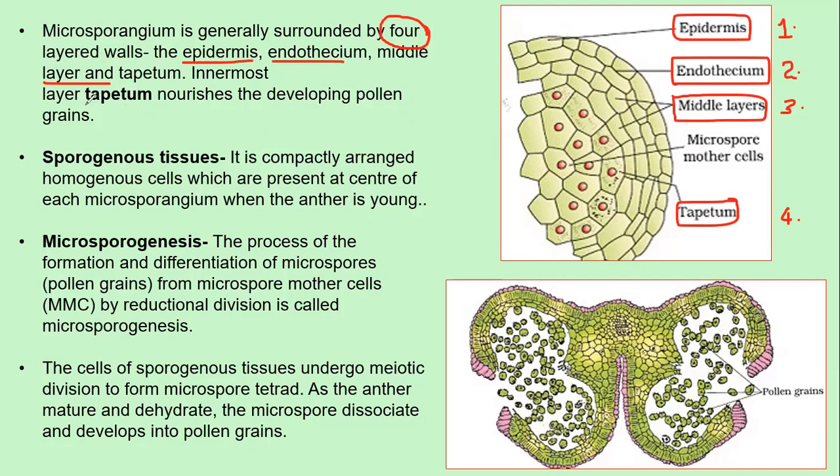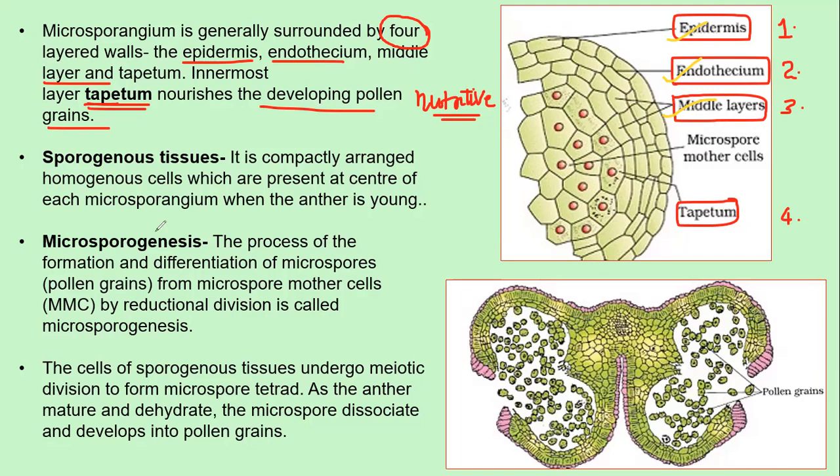Whereas the function of the tapetum is very important. Tapetum nourishes the developing pollen grains. That is, tapetum is nutritive in function, whereas the first 3 layers help in the protection and dehiscence of the anther to release pollen grains. Clear? So these are the 4 main wall layers.